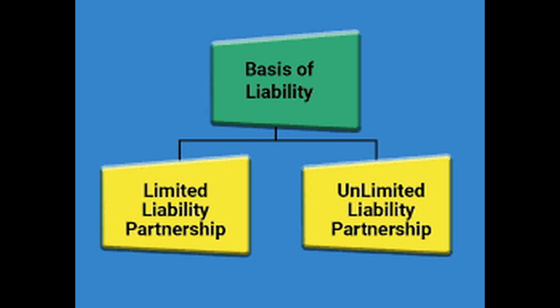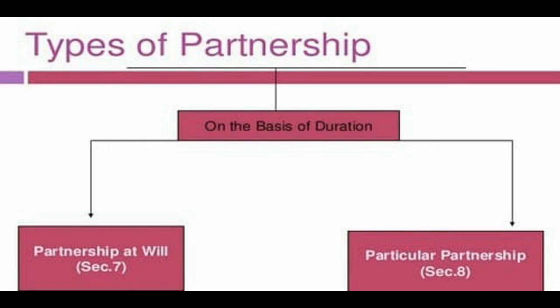So I told you that partnership is classified on the basis of two factors: one is duration and the other is liability. On the basis of duration, it is divided into two: partnership at will and particular partnership.